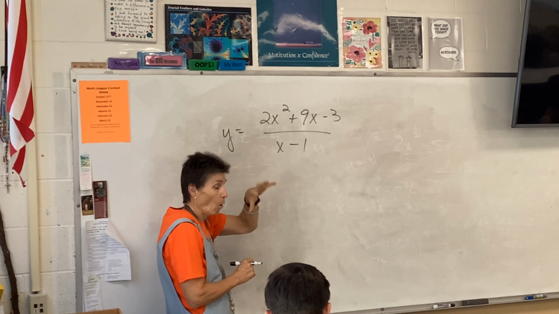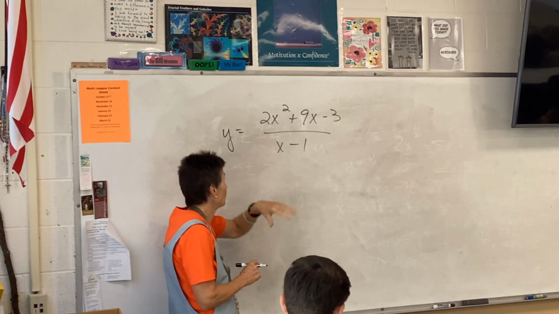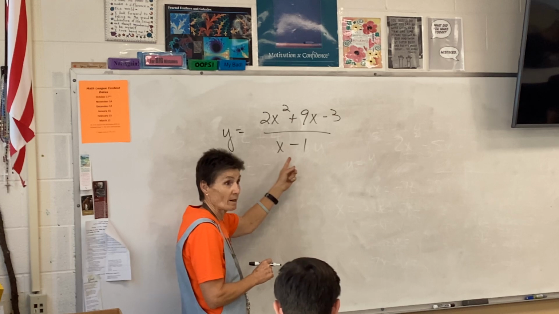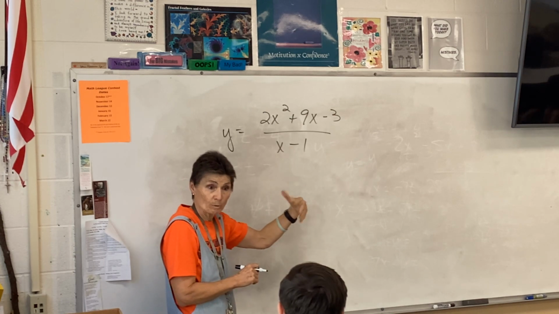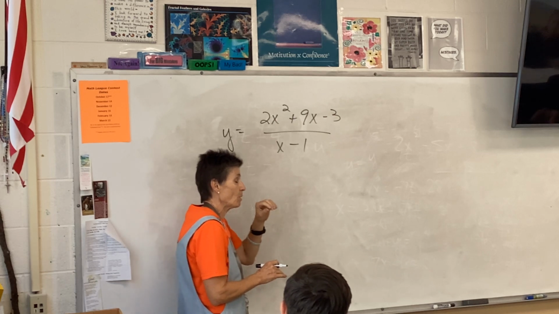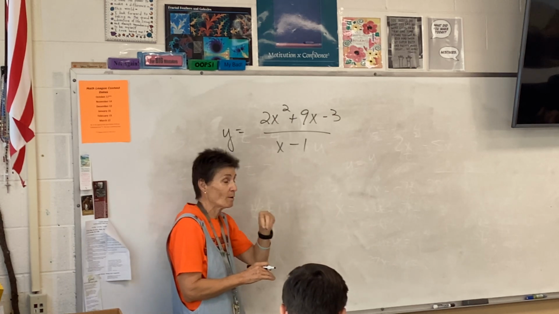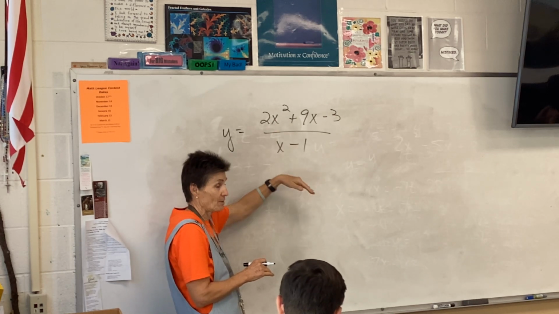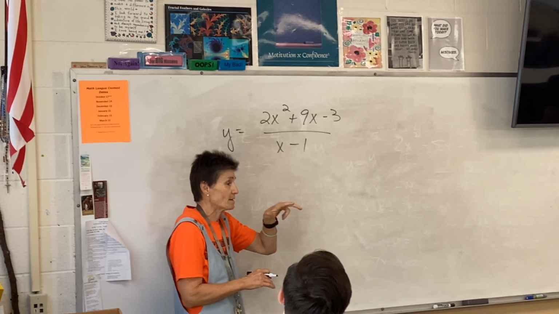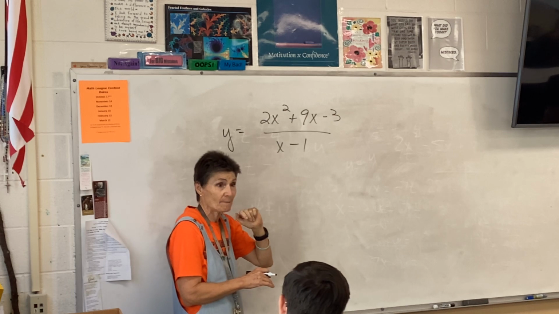And the horizontal asymptote will be their ratio. So if we had 2x squared over 3x squared, the horizontal asymptote would be y equals 2/3. Easy. If the power on the bottom is bigger, so if the degree of the denominator is bigger, then that means your horizontal asymptote will always be 0.